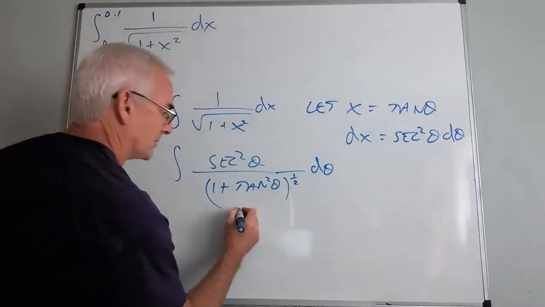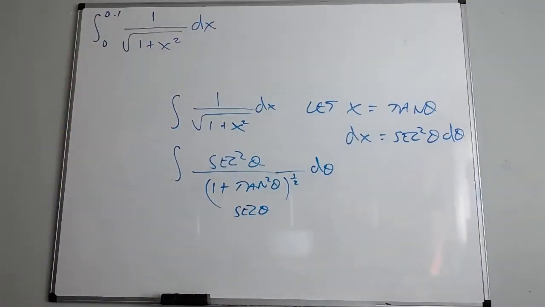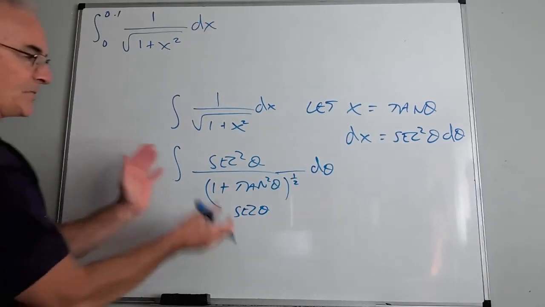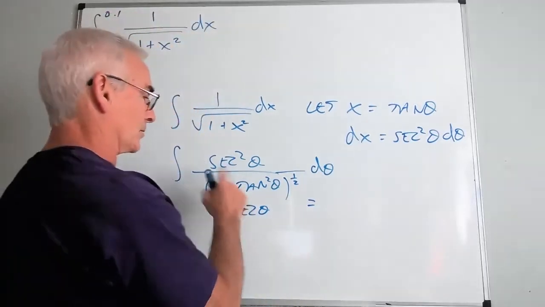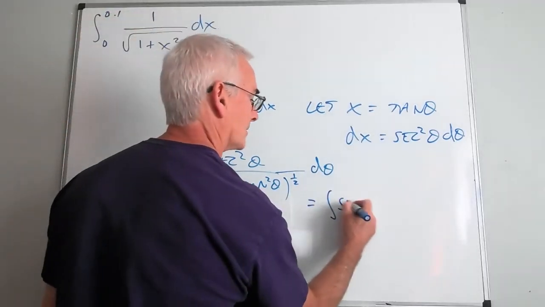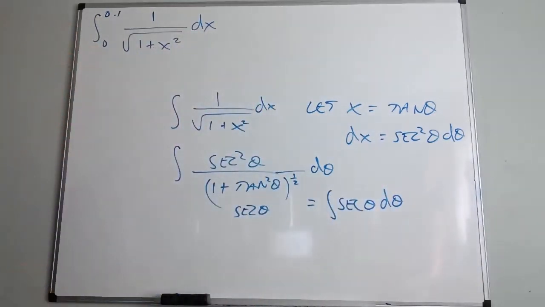But isn't this just going to be secant theta? So what does my integral turn out to be? Actually, we can't finish this. My integral turns out to be what? The integral of secant theta. So this one actually wasn't that bad at all.